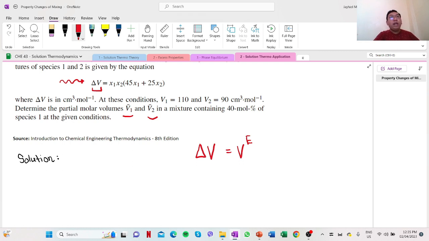And how will I know the partial molar volume, since that is what is required? From the excess volume data that you are going to determine, of course, there are procedures to determine the partial molar excess property, which I will present later. I will write the equations later.